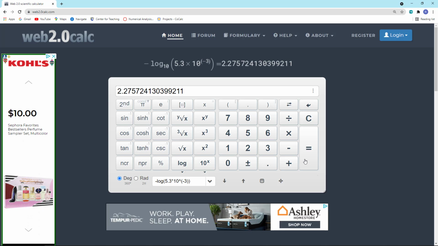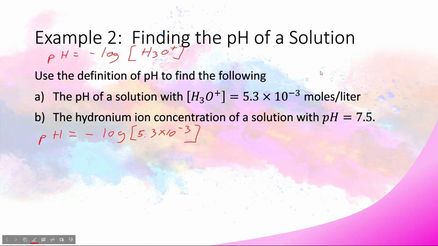Now, when we express pHs, we are only interested in expressing it to the 10th unit. So here I'll write it down to the 100th unit, which is 2.27. Once again, we want to round to the 10th unit when we're dealing with pHs, and that will bring it up to 2.3, and that is our answer.